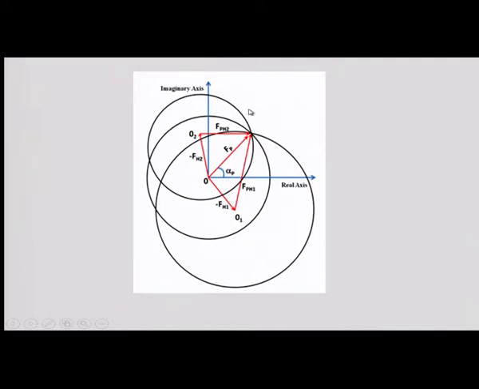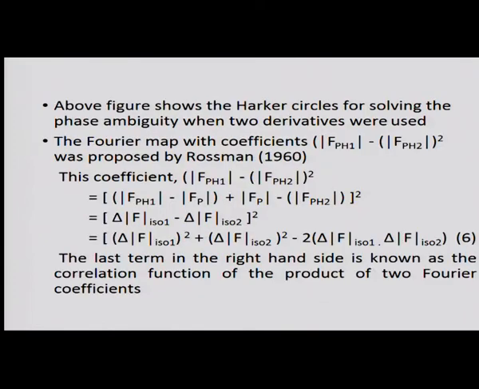Two circles intersect at different points, but there is one unique point where all three circles meet. Clearly see, the first circle, the second circle and the third circle all meet only at this unique point. Therefore, this is the unique value alpha_P. This is called the geometrical construction by Harker circles.